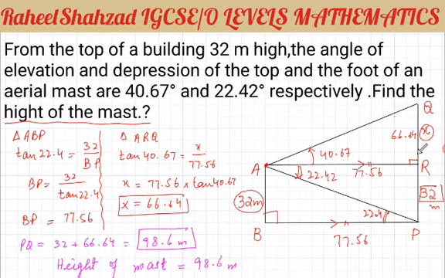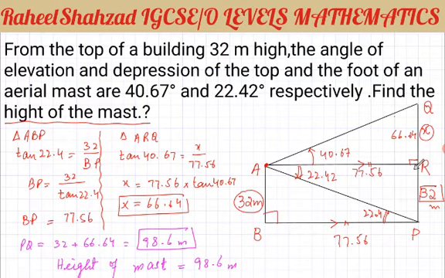Now this is the remaining part in height of this mast that we need, okay? For this we need this base that is equivalent to this. So in this ABP triangle we apply trigonometric ratio, that is tan of 22.4 equals opposite over adjacent, that is BP is equal to 32 by tan 22.4, BP is equal to 77.56.